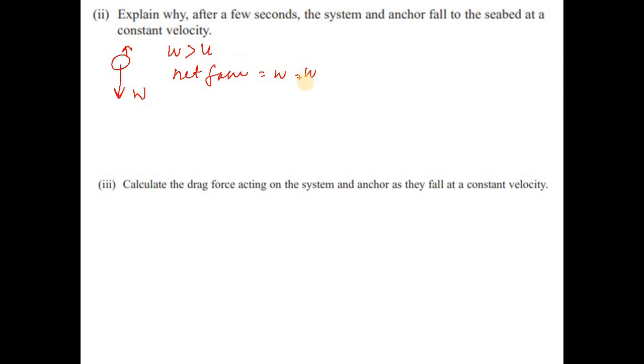Along with the weight, and it's not W, I'm sorry, it's U. So now as the system starts falling down, along with the weight and the upthrust, an additional force starts acting, which is the drag force D acting upward, and this drag force D starts increasing with the speed.